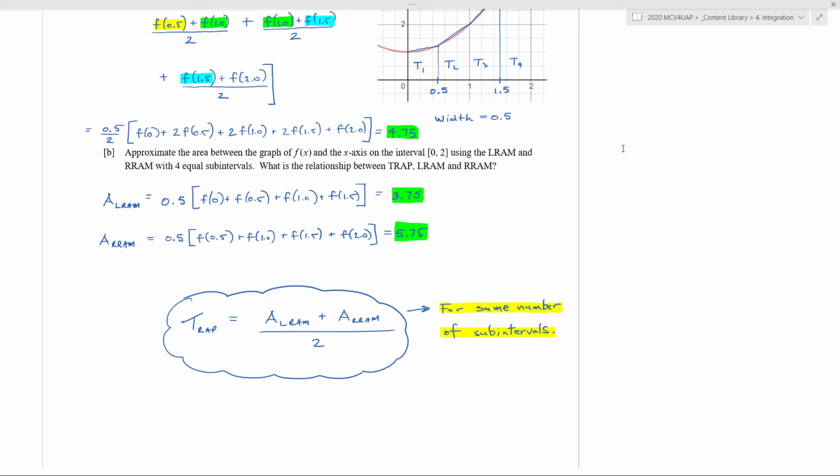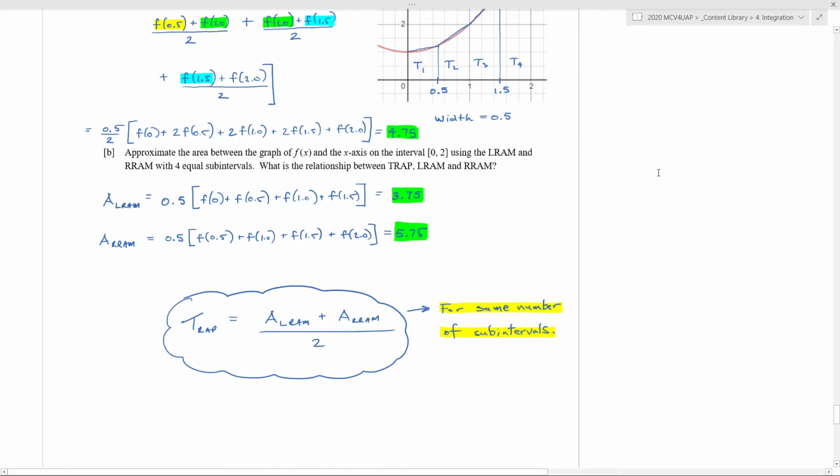So you have to use the same number of rectangles as trapezoids, and when you do, that relationship is true. The trapezoid approximation is just the average of LRAM and RRAM. And so I've highlighted that. For the same number of subintervals, that's the important part.